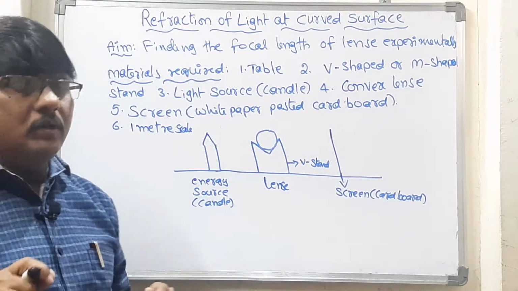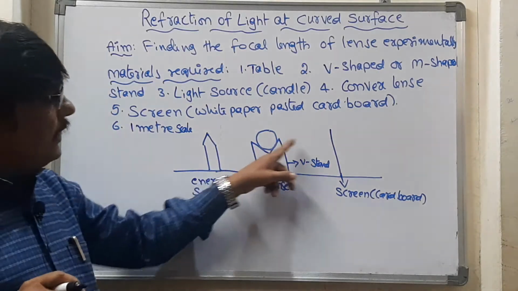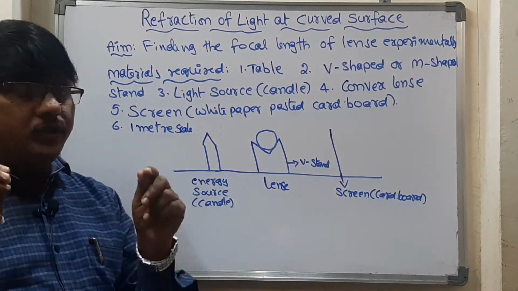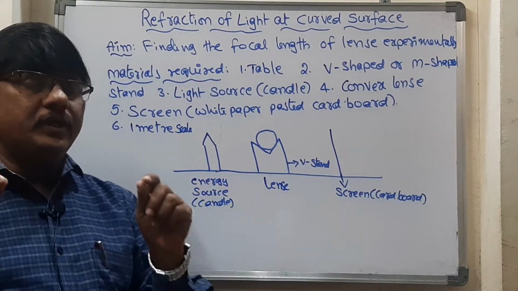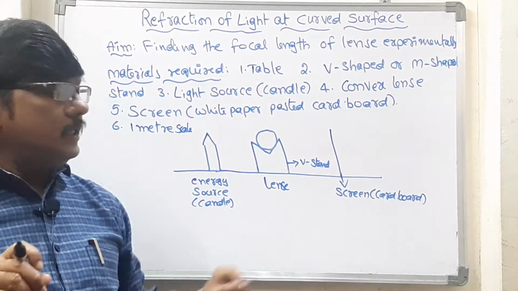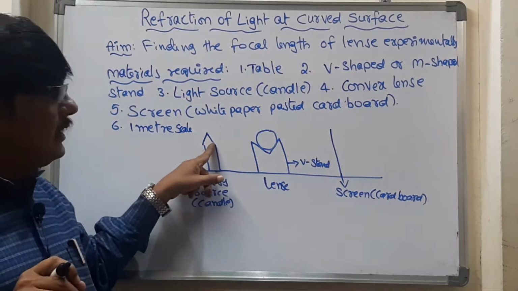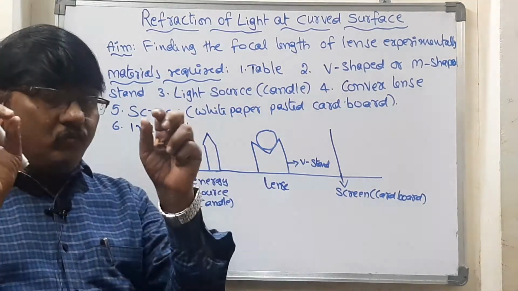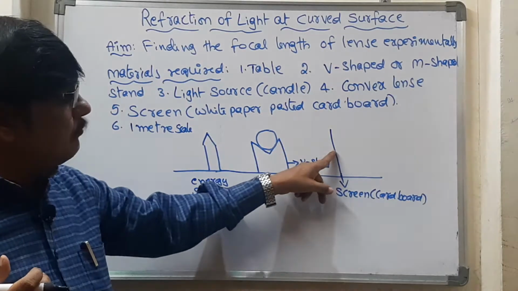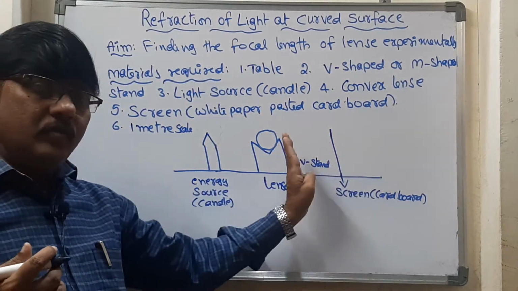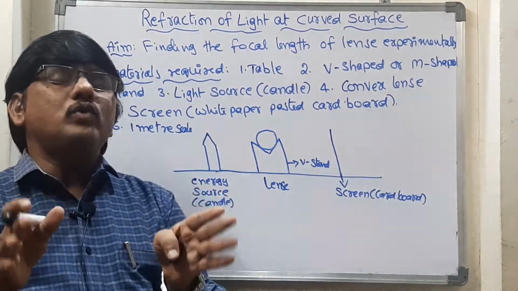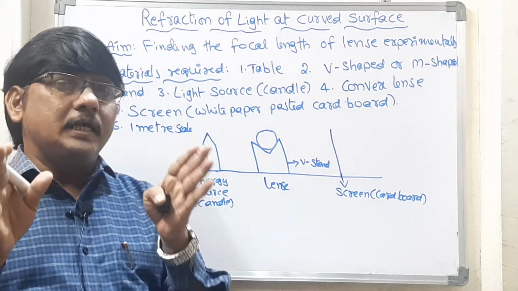Now you have to adjust the screen in such a way that you get a clear, sharp image on the screen. On that screen, the candle flame has to be observed very carefully. You have to adjust the screen either forward or backward, till you are getting a sharp image on the screen.